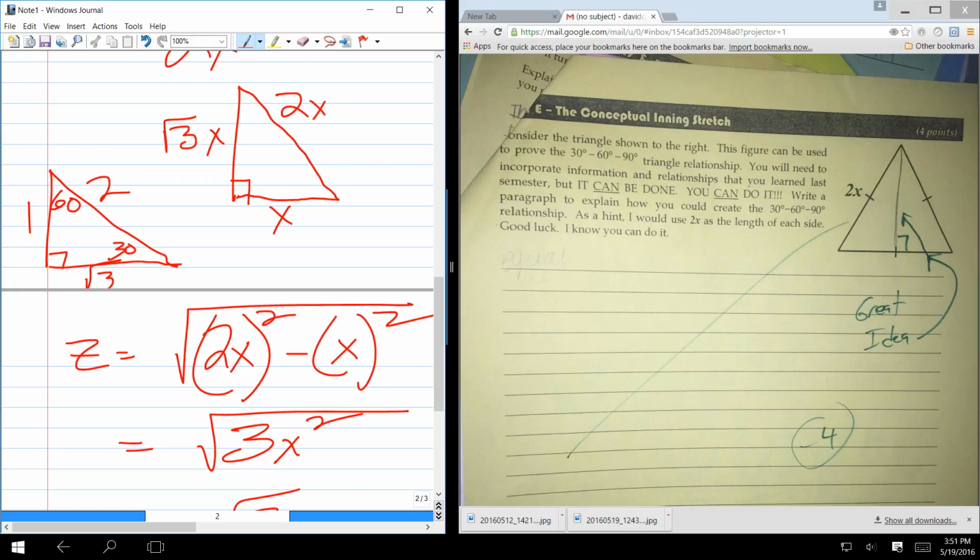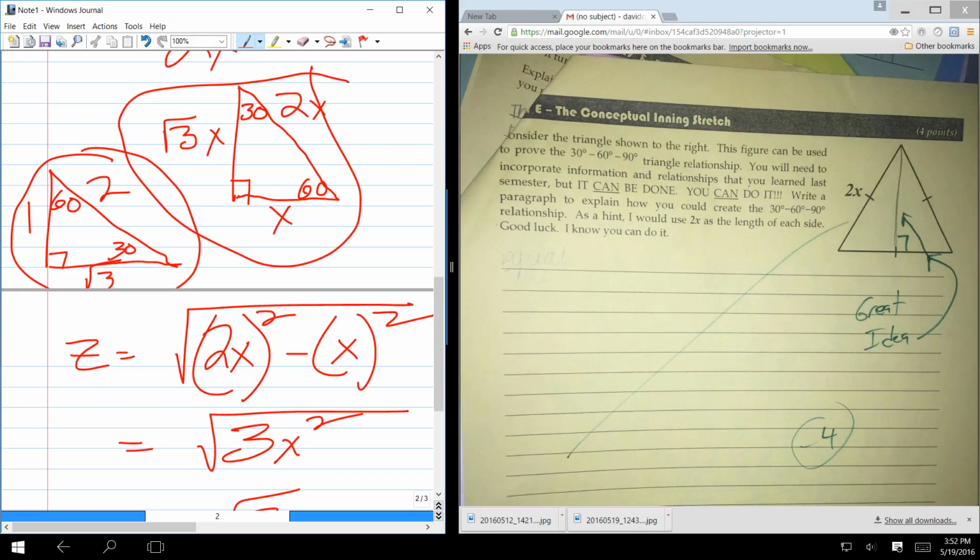Notice that's the same thing. All this triangle is a multiple of this triangle. What multiple? Whatever you want it to be. It can be twice, 3 times, 4 times, does not matter. As long as you have a 30-60 right triangle, it's the relationship of the sides to one another that matters.